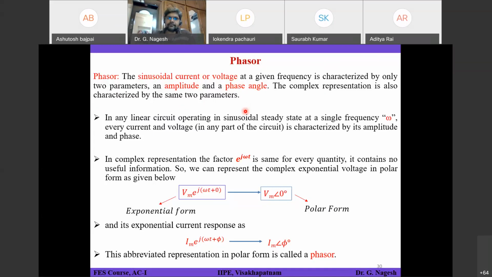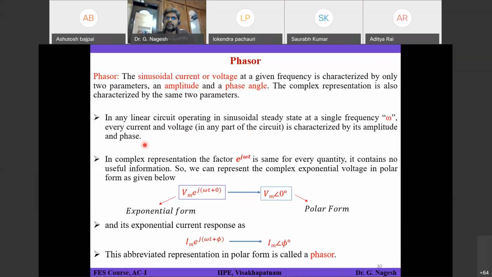Next statement: in a linear circuit operating in steady state at a single frequency, that means omega, every current and voltage in any part of the circuit is characterized by its amplitude and phase angle. If you have sources with a constant frequency f1, you may have 10 sources in the circuit, no issue, but all sources are of the same frequency.